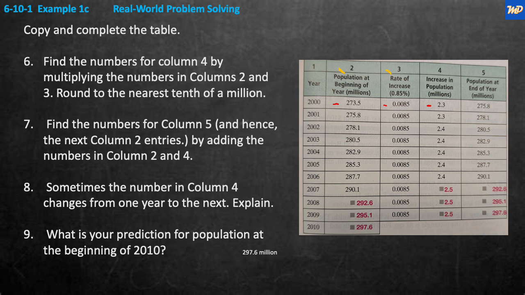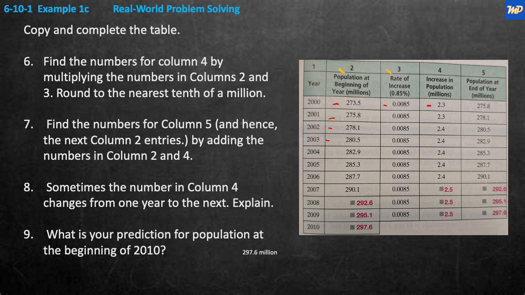And when you multiply 273.5 million by 0.0085, you're going to end up with 2.3 million people. Okay, that's all this number 6 is telling us to do. They showed us how the numbers are created. And we're going to need that because we're going to have to create the next step. And through the table, you create one step, then the next step, and then the next step. You just go down the line until you get the table filled in.